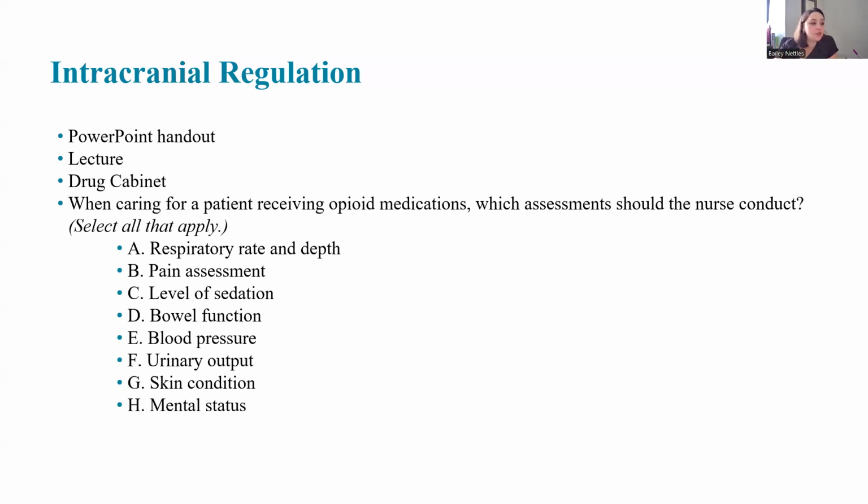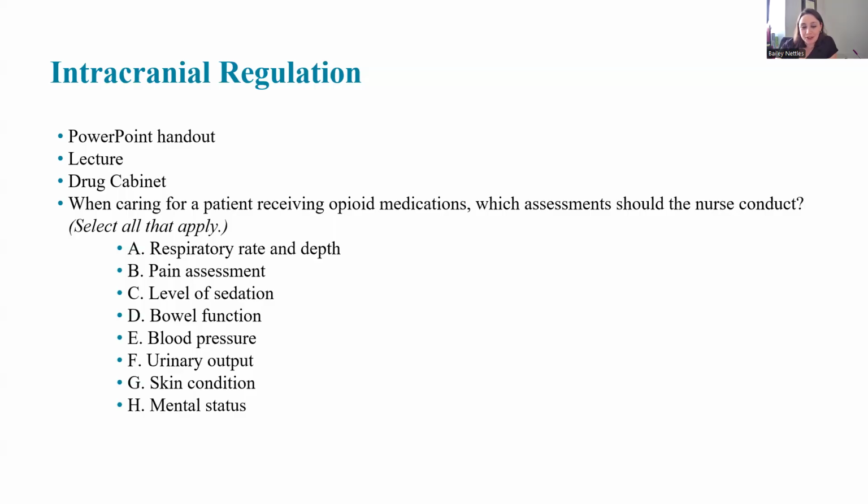All right, so intracranial regulation. When caring for a patient receiving opioid medications, which assessment should the nurse conduct? Should you check their respiratory rate and depth? Definitely. Should we check their pain assessment? Yes. Their level of sedation? Yes.